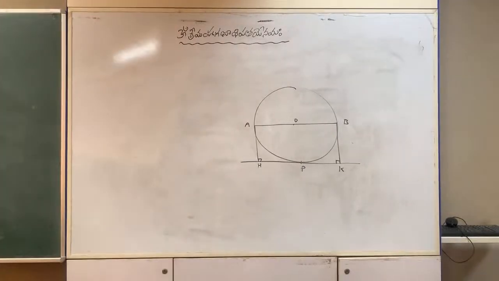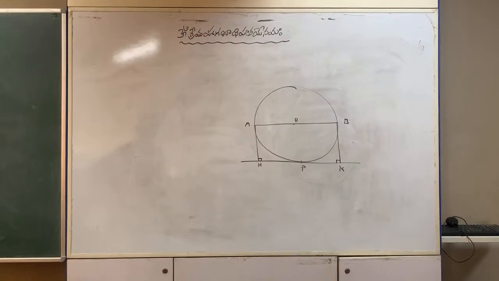Sir, tangents from external point are equal. Sir, AH and BK are tangents to the circle. No, tangent is it, sir? Tangents kaade. Sir, A is on the circle.